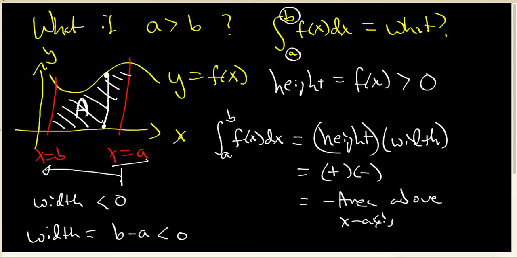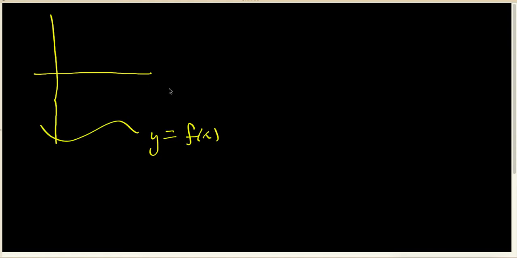Well, I can do this same kind of argument if my function is below the x-axis. So let's look at that. So again, we've got y is equal to f of x down here, but I'm still going to have a strictly bigger than b, so I'm going to be integrating from x is equal to a here to x is equal to b over here.